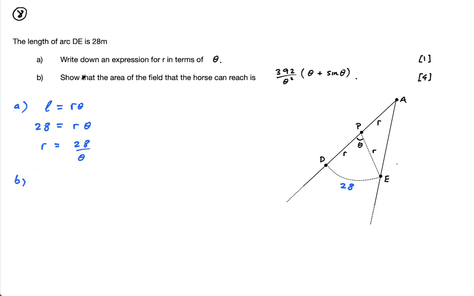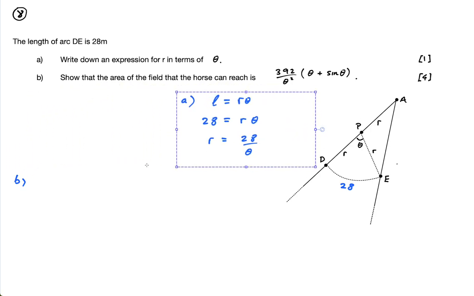Part B, show that the area of the field that the horse can reach is this. So the total area, let me just put this here so I can start B up here.